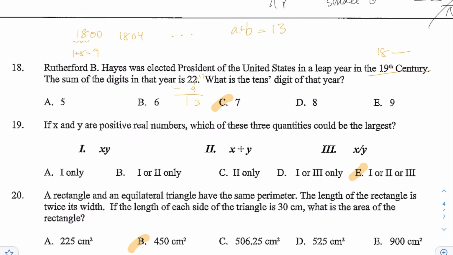So you write out the multiples of 4. And to get a digit sum of 13, you're going to see that the numbers have to be relatively large.